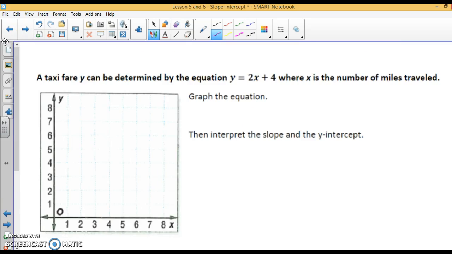A taxi fare y can be determined by the equation y equals 2x plus 4, where x is the number of miles traveled. Graph the equation. Well, when we are graphing a line from slope-intercept form, let me tell you right now, in order to graph a line, you need 2 points.